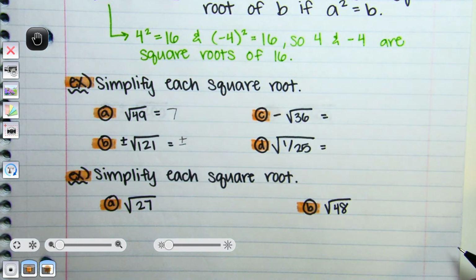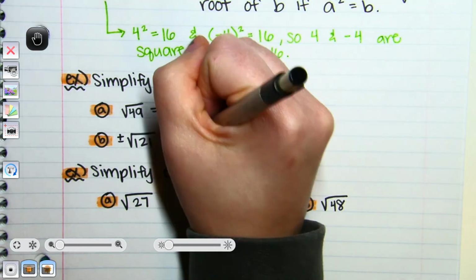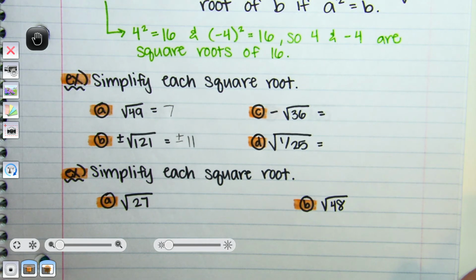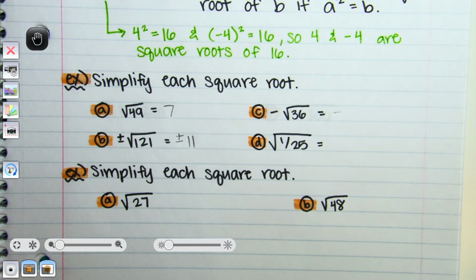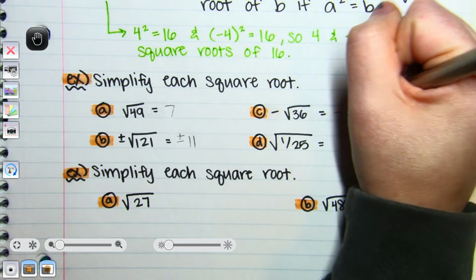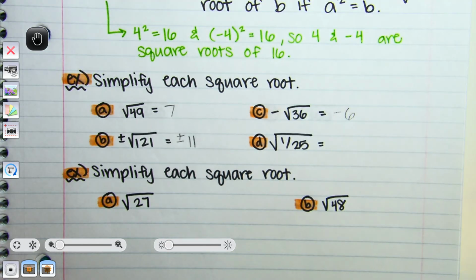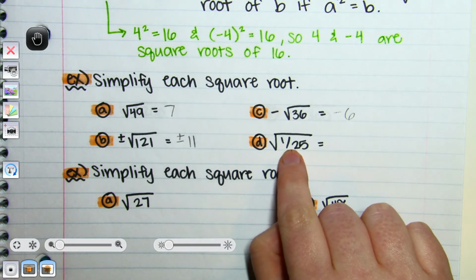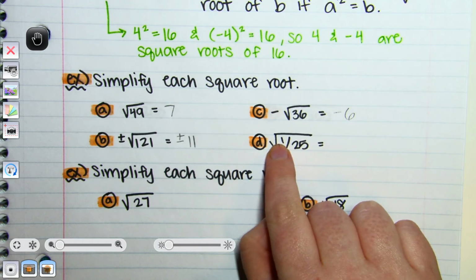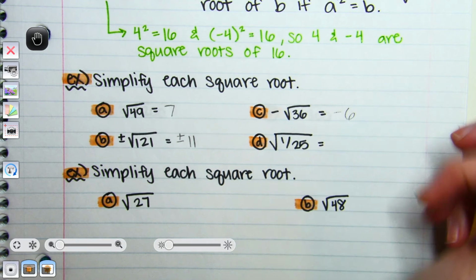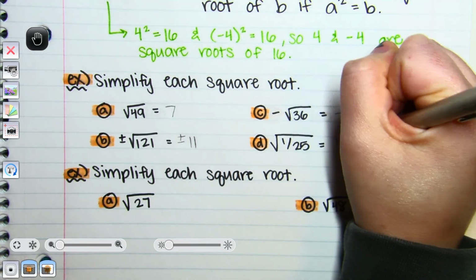And then the square root of 121 is 11. Then part C, this negative is out in front, so it stays out in front. The square root of 36 is 6, because 6 times 6 equals 36. Now this one is a little different. It's a fraction. So the square root of 1 is 1, and the square root of 25 is 5. So this is 1 over 5.